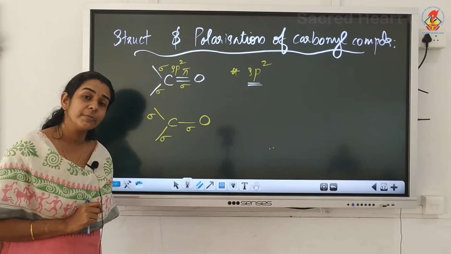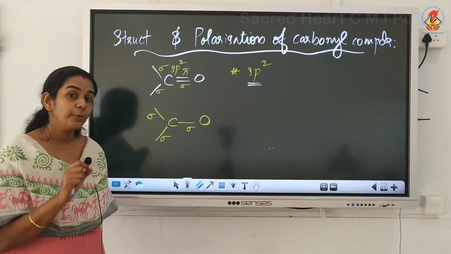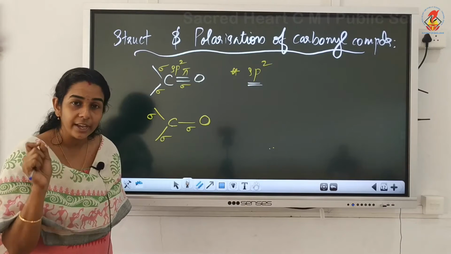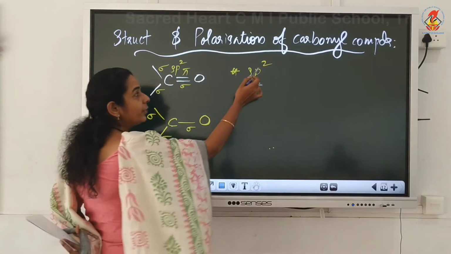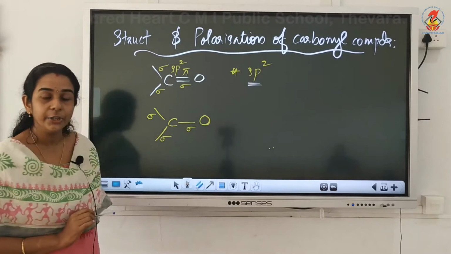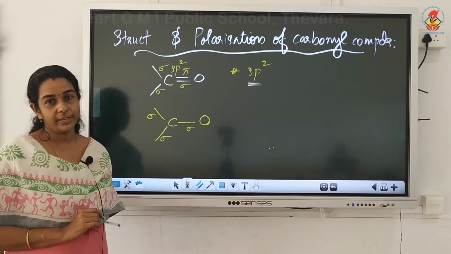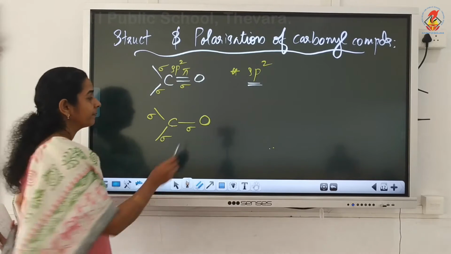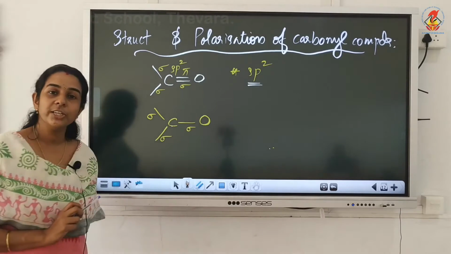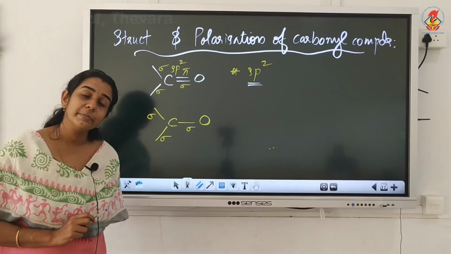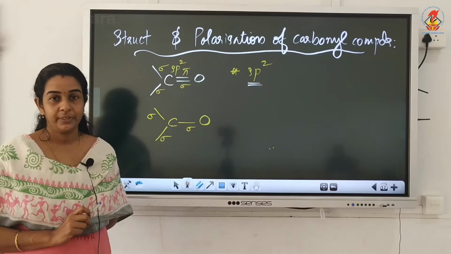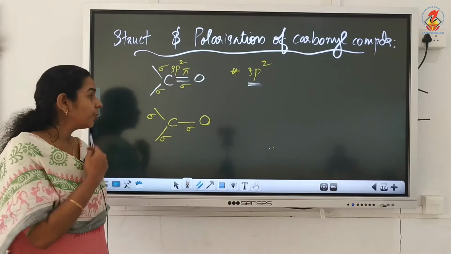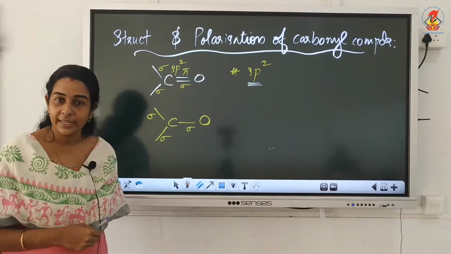What do you mean by unhybridized p orbital? The p orbital which is not undergoing hybridization, because only 2 p orbitals are undergoing hybridization here. Similarly, on this carbonyl oxygen also there is an unhybridized p orbital. But what about the position of this unhybridized p orbital here?